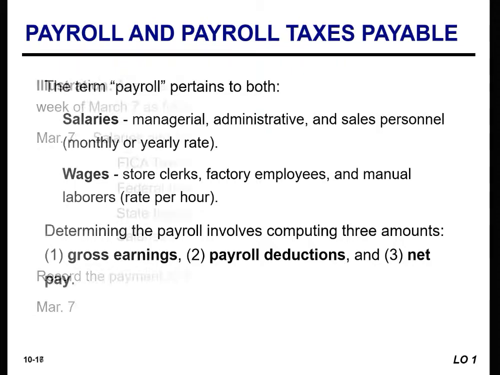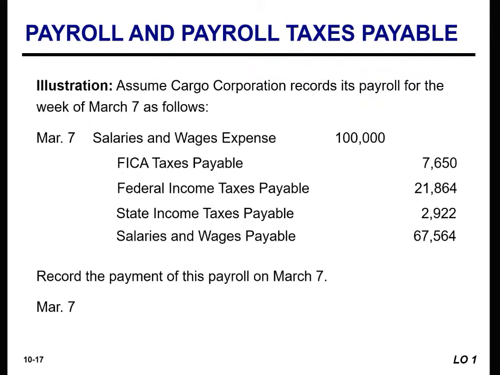So let's look at an illustration of a payroll. Cargo Company Corporation records its payroll on the week of March 7th. They have salaries and wages expense, so all of the amounts, the monthly or the per hour amounts, equal $100,000.